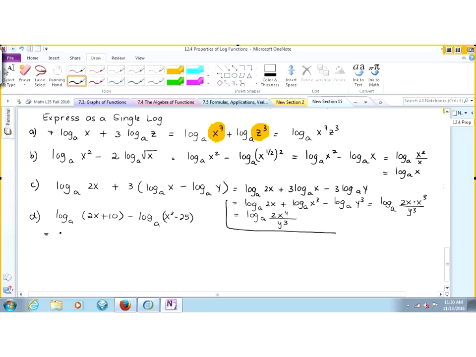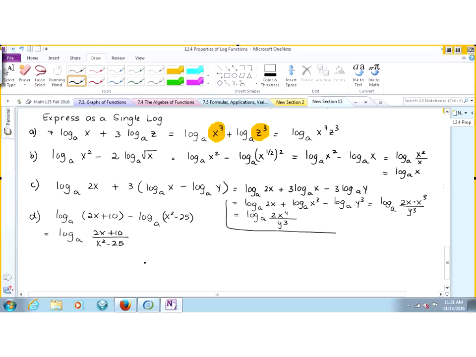Last one. Oh, this is easy, isn't it? So this is log base A of, what, can you do anything with 2x plus 10? No, right? So this is not equal to log base A of 2x plus log base A of 10, right? So you can't write these, remember? So what can you do with this? Nothing. So log base A of 2x plus 10, because this is a plus. What about these? This is minus, so how do we combine those?